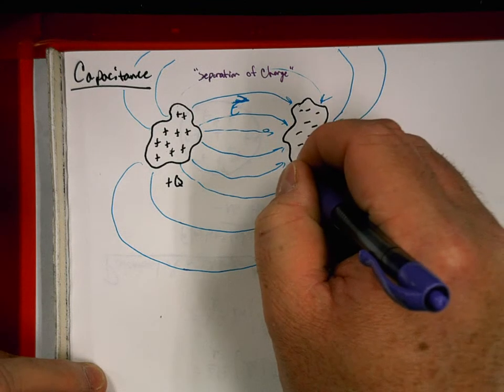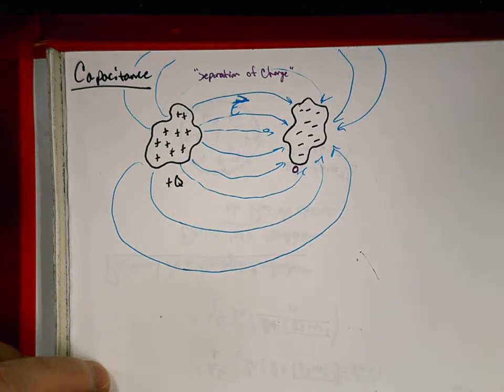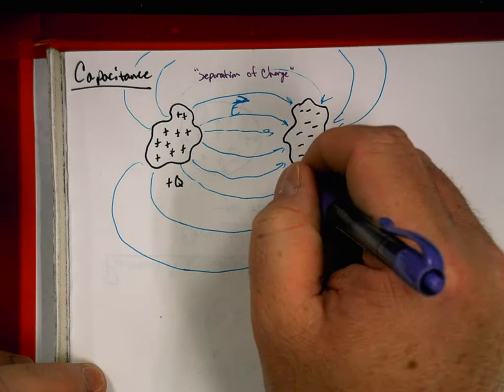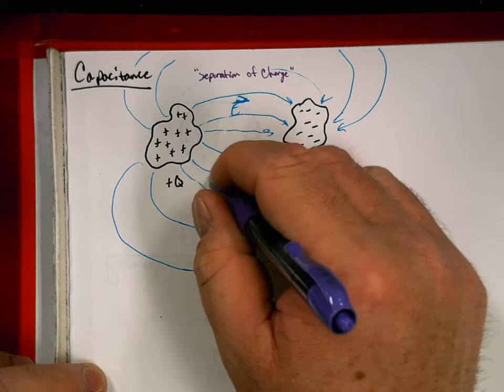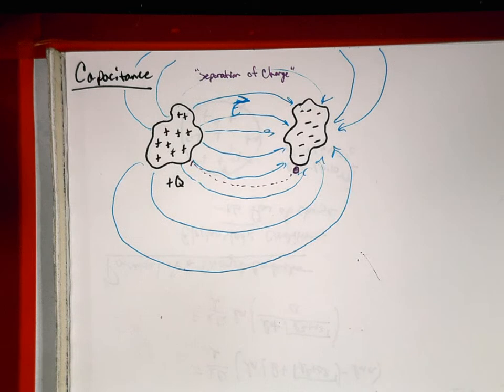So another way to think about our potential is the work it takes to go against our field lines. If we take a test charge right here and we work it back in that direction, then we'll have the potential difference.